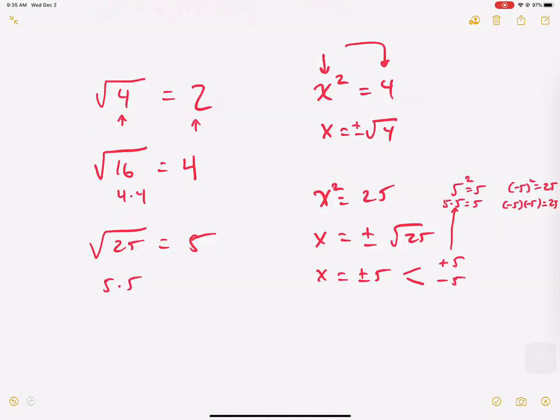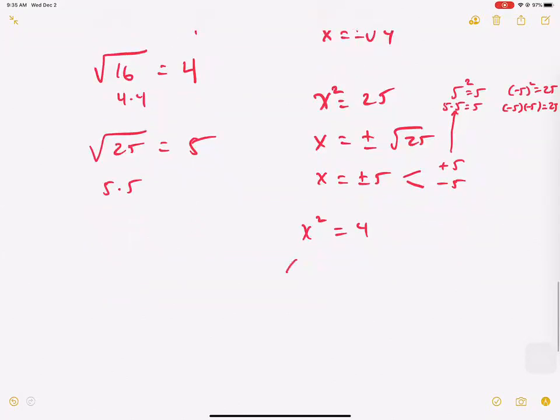So when I ask you x squared equals 4, you're going to think, oh, the answers are going to be plus 2 and negative 2. We can look at this a different way. If I write x squared minus 4 is equal to 0, I can factor x squared minus 4 as x minus 2 times x plus 2.